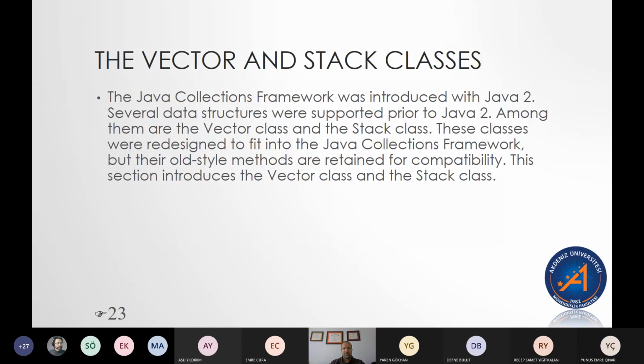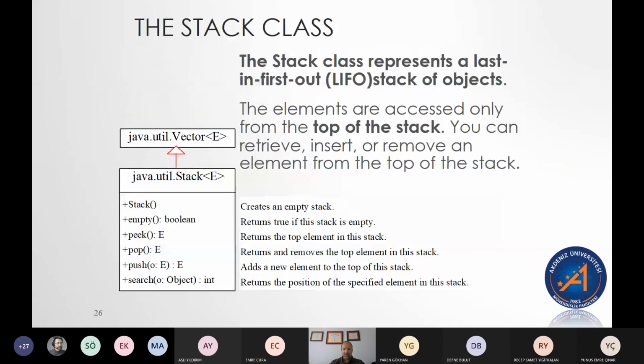I'm not going to talk about the Vector class. I do want to mention the stack again. What we talked about was LIFO, last in, first out. Things that go to the top of the stack come off first. Pop is what we do to get the top element off of the stack.